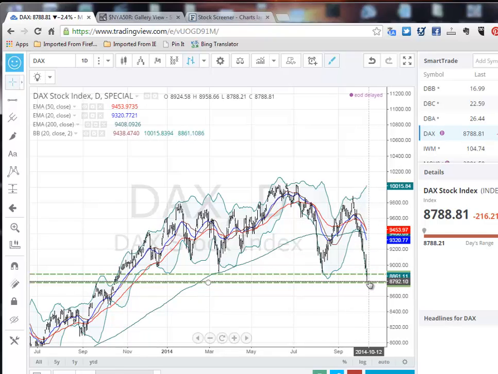Typically what you're looking for is a touch of the band and then a close inside the band. So if we look at this run-down cycle here, we had a touch, a close, so you could have bought then, touch and close, could have bought then, touch and close, would have bought then. These would have been short runs. Touch, stayed outside, touch, outside, and here was the buy signal, an opportunity which produced a pretty good run.